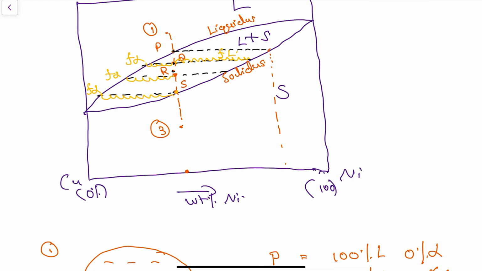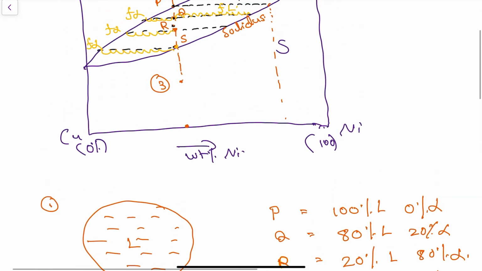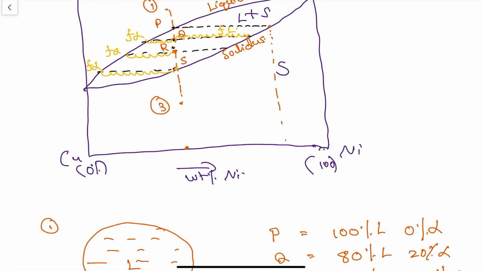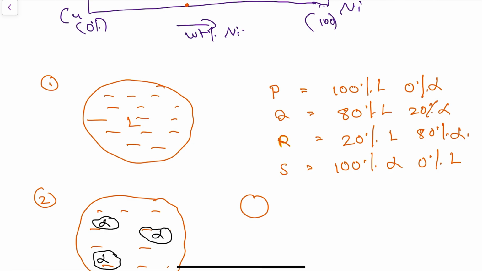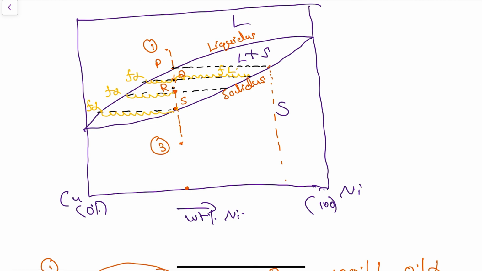Now, let us take the point R. What is the composition of the alpha that is forming at this point? To find it, we first draw the tie line.